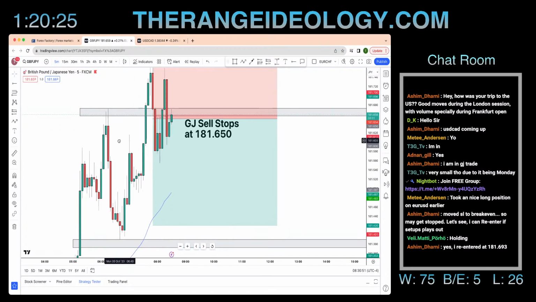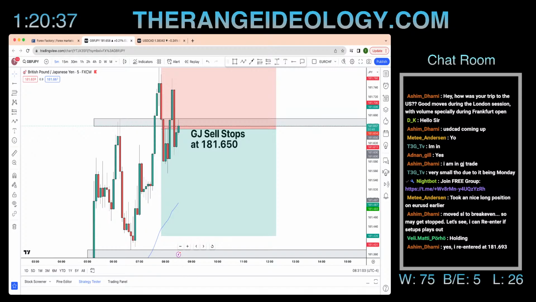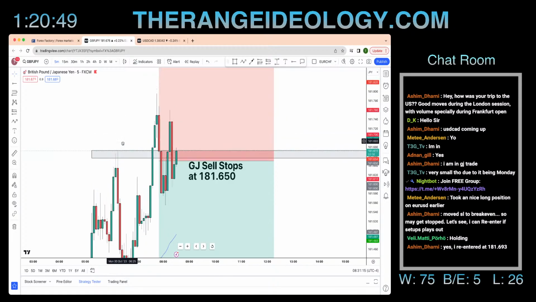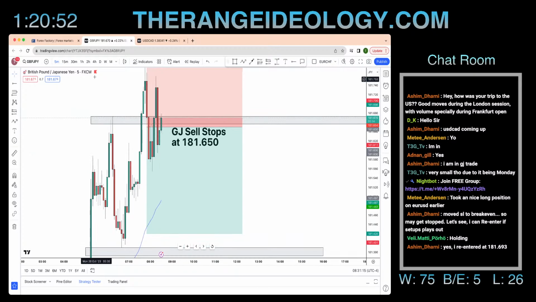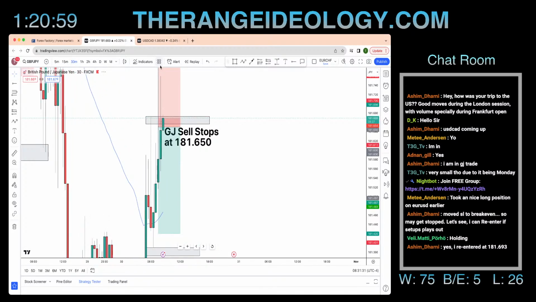Look at that. Right around the break-even point again. Oh, not a strong push against us for GJ, but again, it could suck itself right back in and give us that bearish candle to move down.